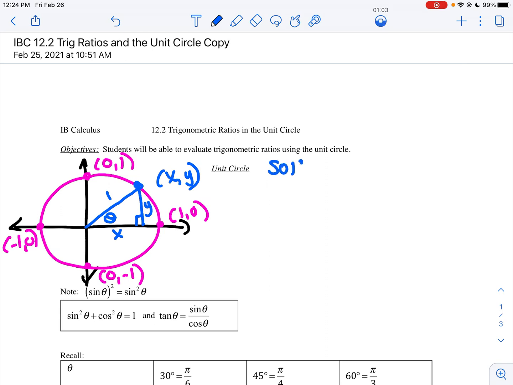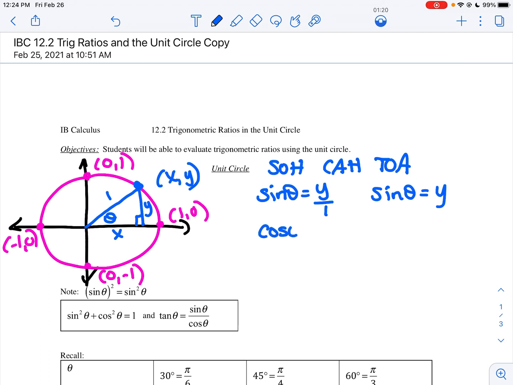If you remember your SOHCAHTOA, the sine of theta is the opposite side over the hypotenuse, where sine theta is y. Cosine theta is adjacent over the hypotenuse, so cosine theta is x.